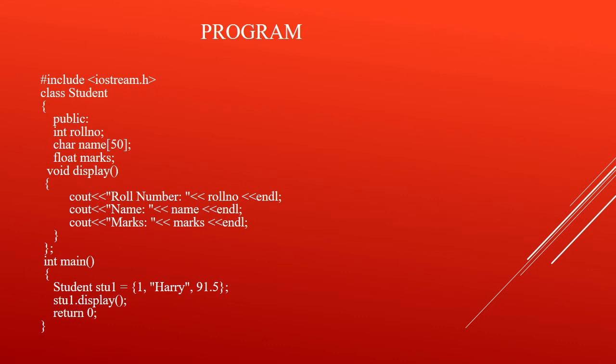It searches for the member function of the name display. Once it reaches the member function display, it executes the statements included inside it. Here, the roll number, name and marks are printed. Output of this program is roll number 1, name Harry, marks 91.5.